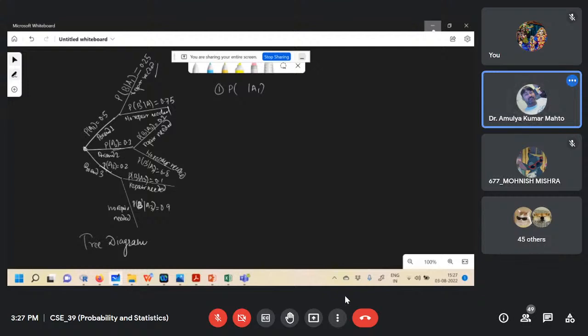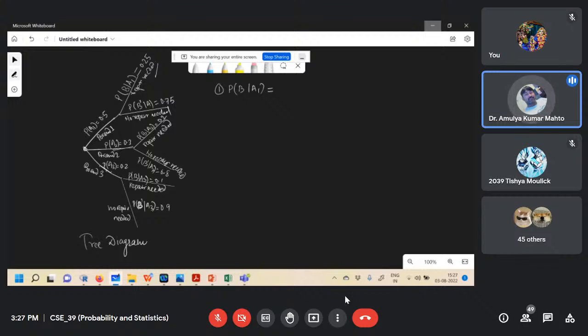Then it has bought a brand 1 DVD player that will need repair. So it needs repair. So what is this probability? 0.25. One minute, let me read that problem again.